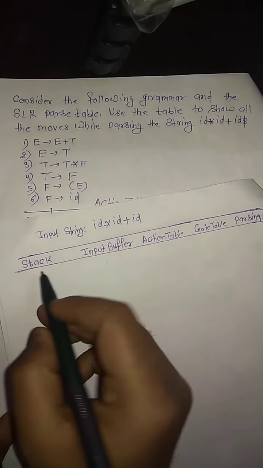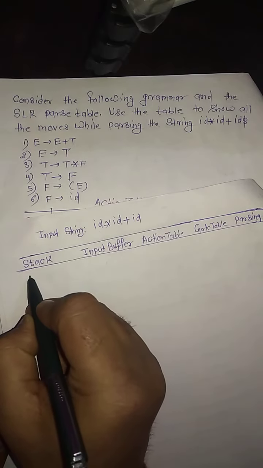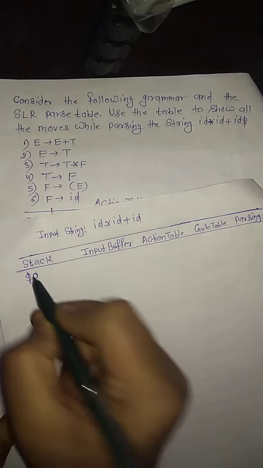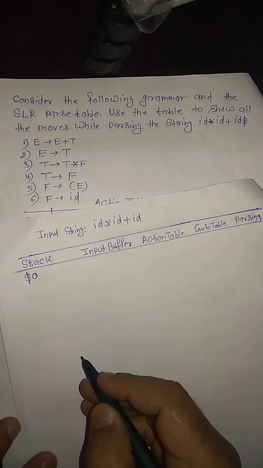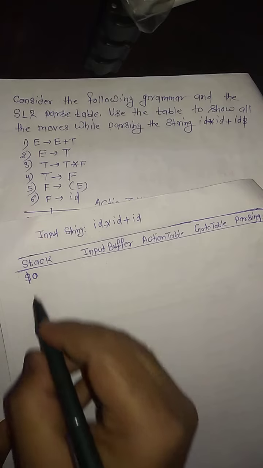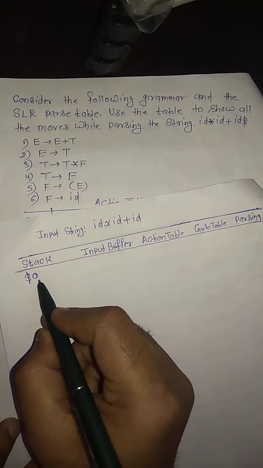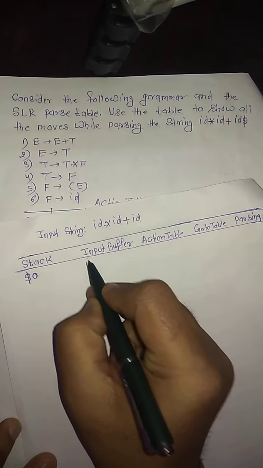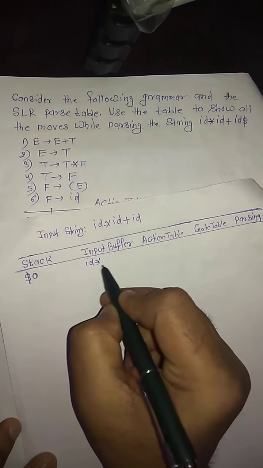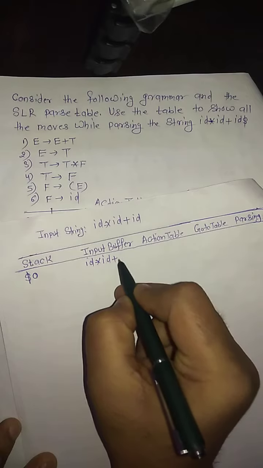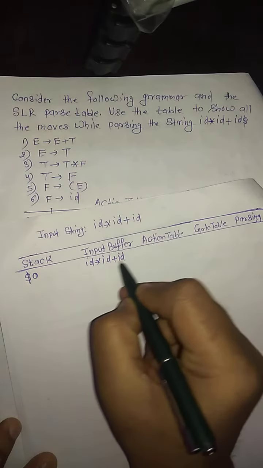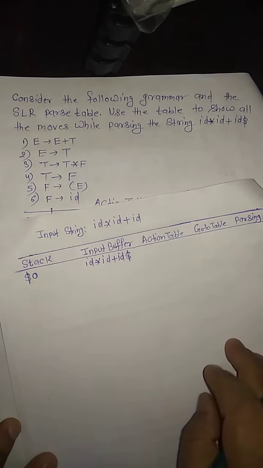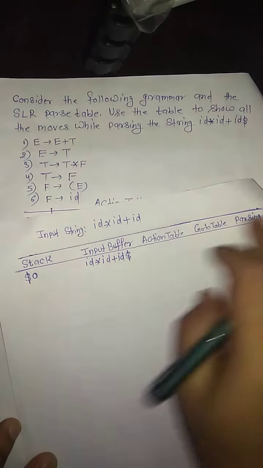The initial configuration for the stack is dollar and the first state in the parsing table, so dollar and 0. The input buffer has the input string which you have to parse, ID star ID plus ID, and this string ends with dollar. So this is the initial configuration for parsing any string.